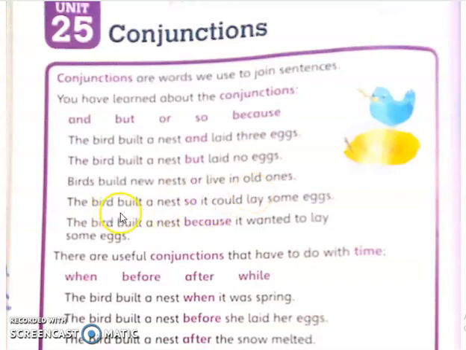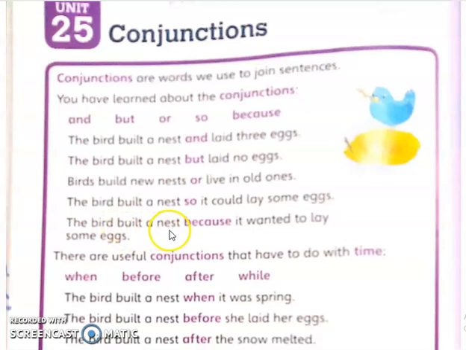The bird built a nest so it could lay some eggs. So is here the conjunction of purpose. What is the purpose or motive? The sentence starting with this conjunction describes the previous sentence. So, the bird built a nest so it could lay some eggs.